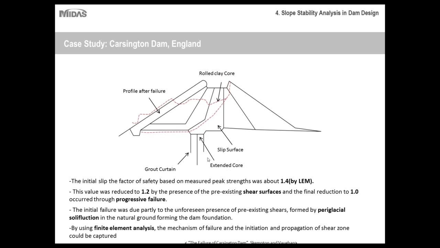This is a very good practical application of how finite element analysis could have been used. It is one of many projects that really brought finite element analysis to the forefront in terms of engineering.